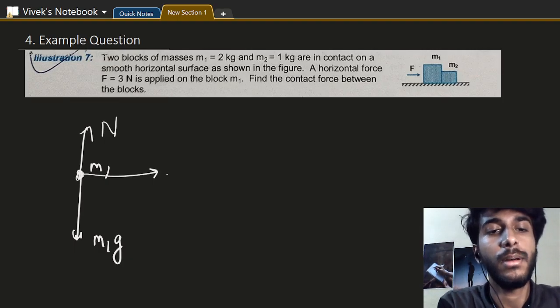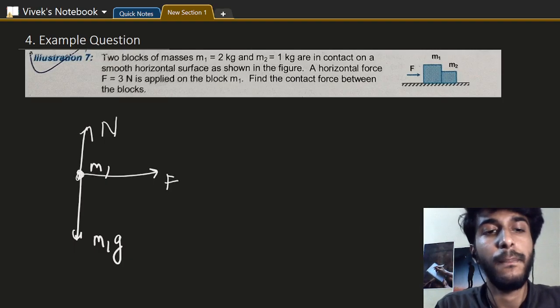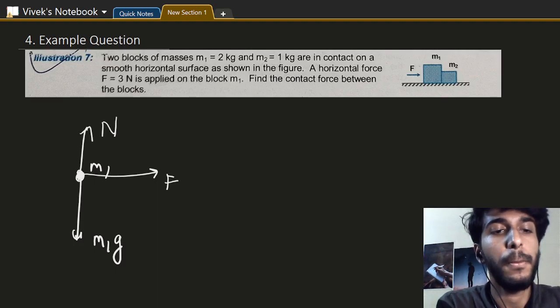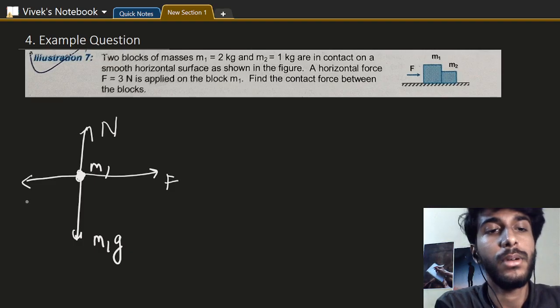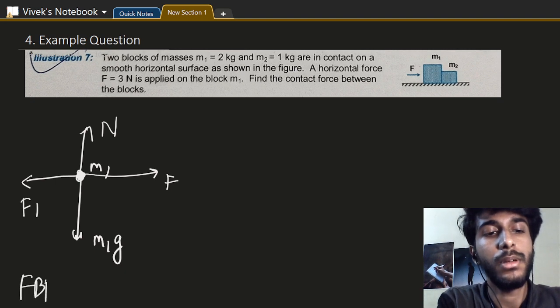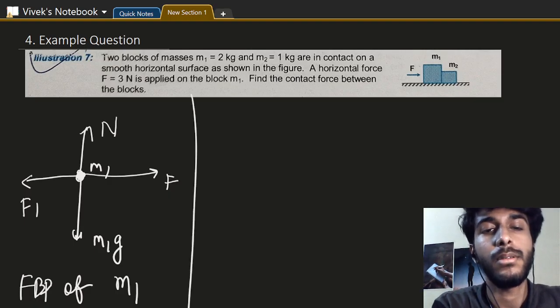F is applied in rightward direction, and opposing that F, a contact force F1 will be applied by m2. This was the free body diagram of m1.